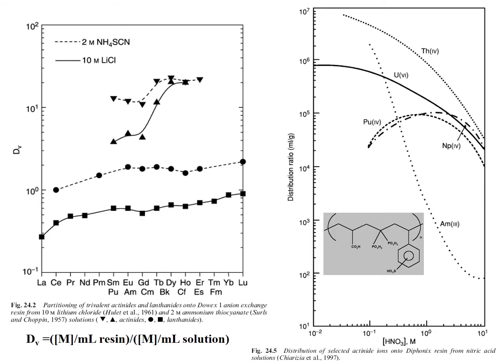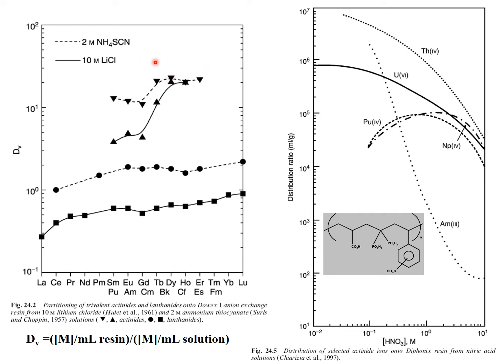An example of lanthanide actinide separation is shown here. This is for the behavior of trivalent lanthanides and actinides in a TRUEX anion exchange resin, where the solution is either 10 molar lithium chloride, the solid line, or 2 molar ammonium thiocyanate, which is the dashed line.